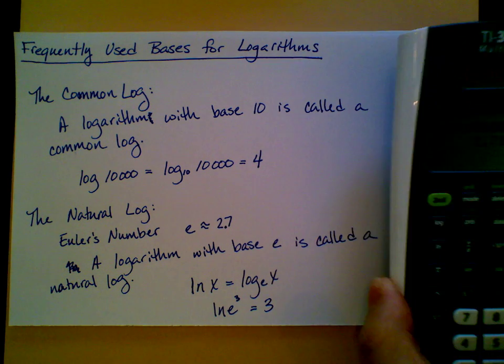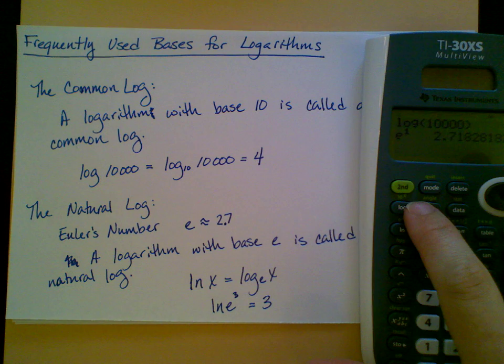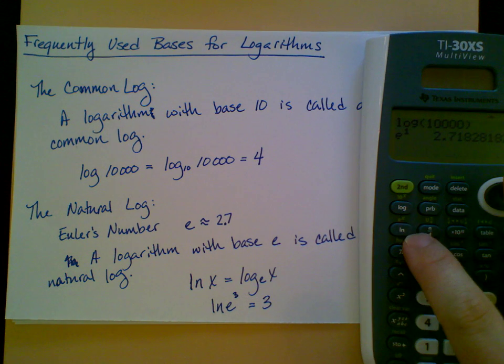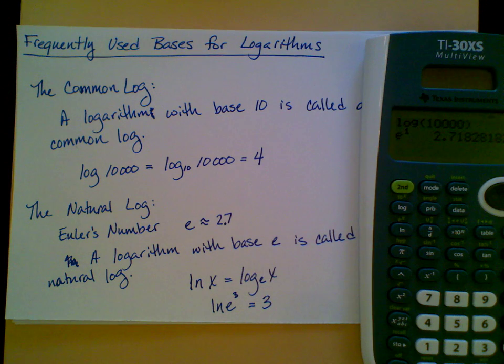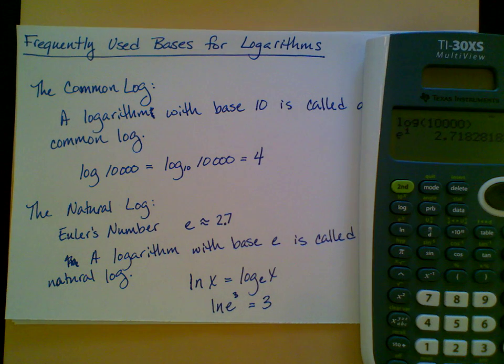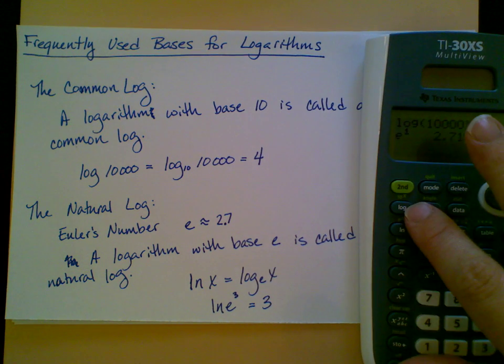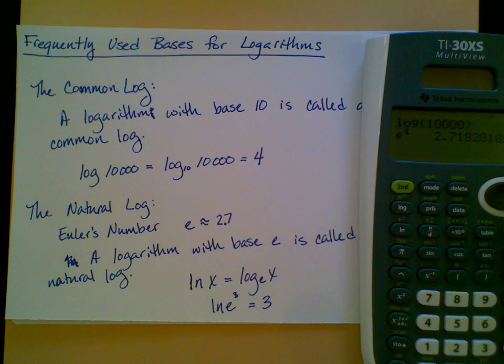I'll also point out that in addition to having a log button, my calculator has an ln button. You will need a scientific calculator for the test over this section, and you will want one that does logarithms. And having a log and an ln button is good enough.